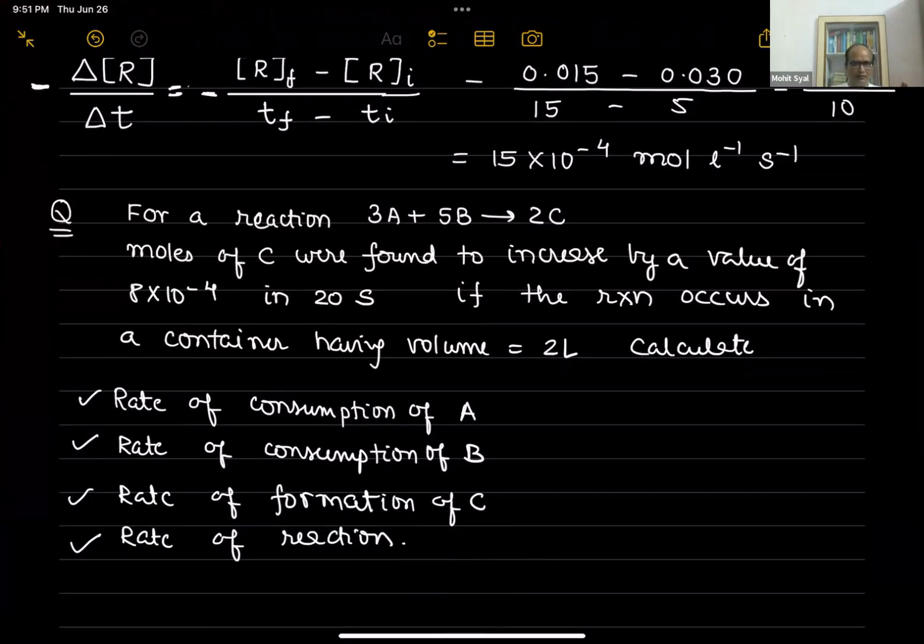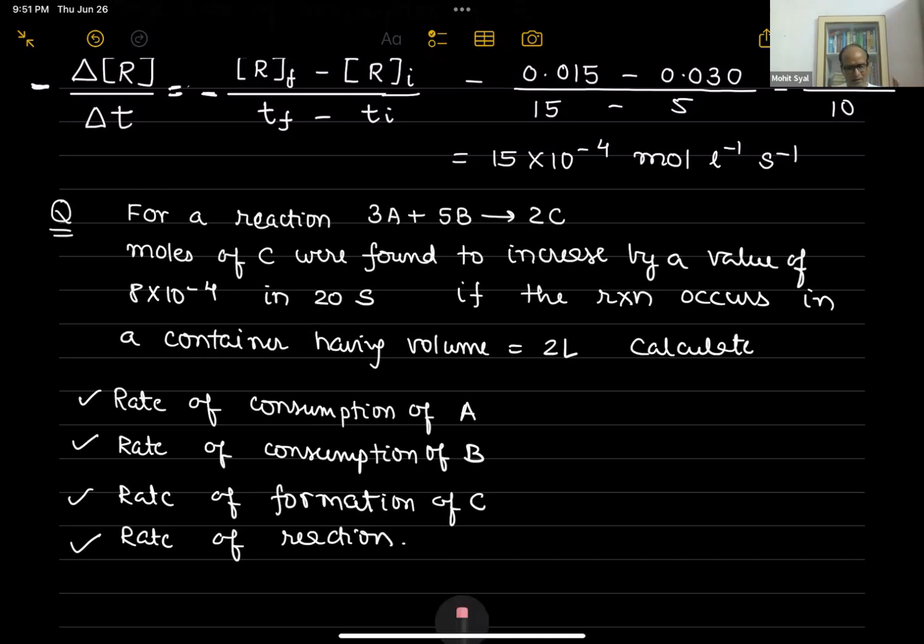So I told you one thing. If you are measuring the rate of consumption of A, you need to take the change in A upon time, right?